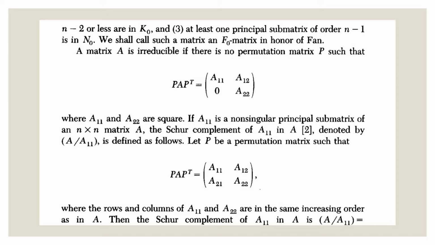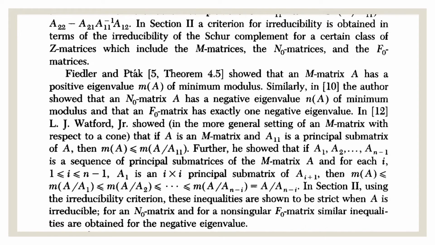Let P be a permutation matrix such that PAP^T equals [A11, A12; A21, A22], where the rows and columns of A11 and A22 are in the same increasing order as in A. Then the Schur complement of A11 in A is A/A11 = A22 − A21 A11^(−1) A12.